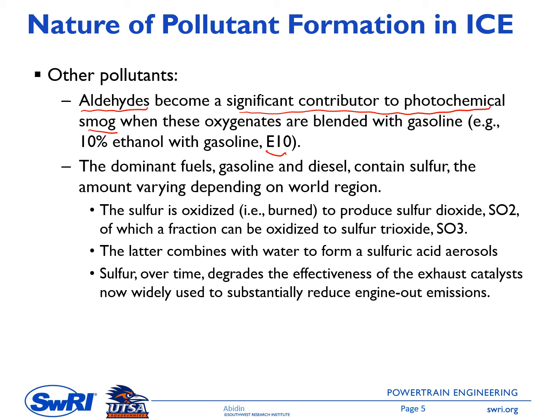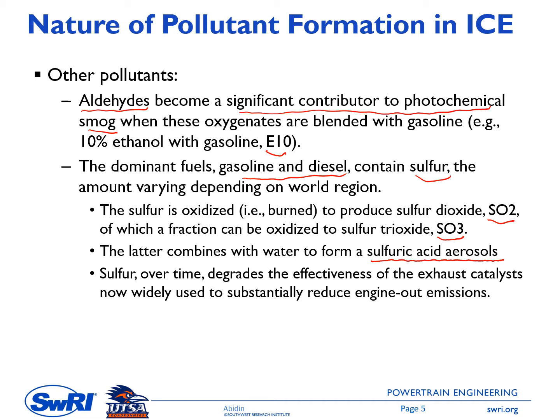The next one, the dominant fuel, gasoline and diesel, can contain sulfur, okay, and this can vary depending on world region, and this sulfur will be oxidized or burned to produce sulfur dioxide or SO2, and some of this will be further oxidized to form sulfur trioxide or SO3, and this SO3 combines with water to form a sulfuric acid aerosol.